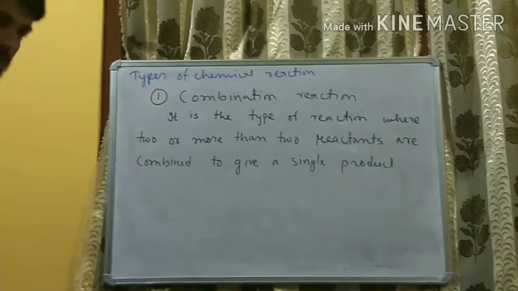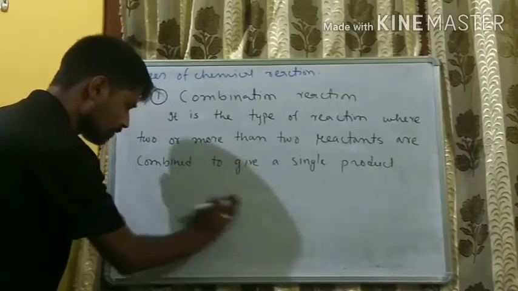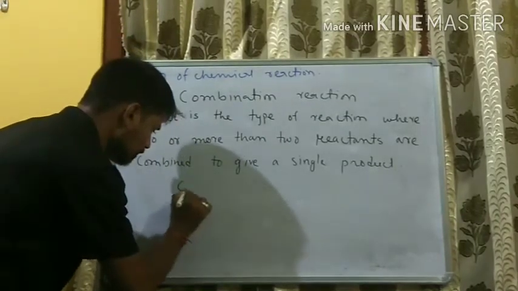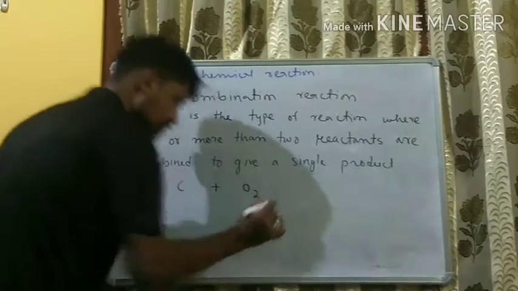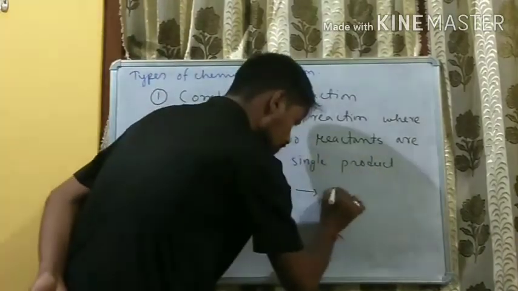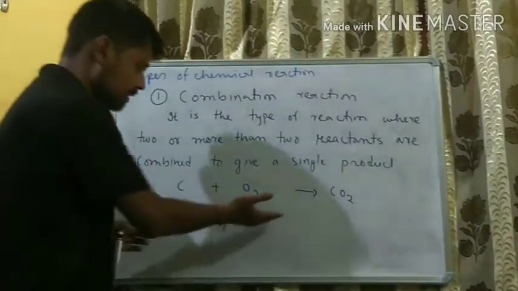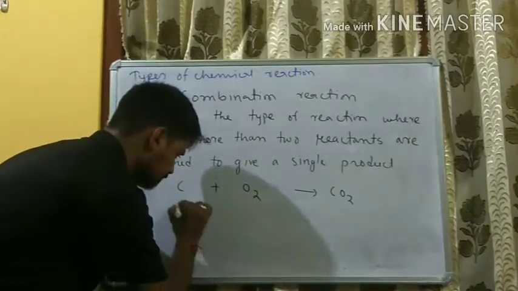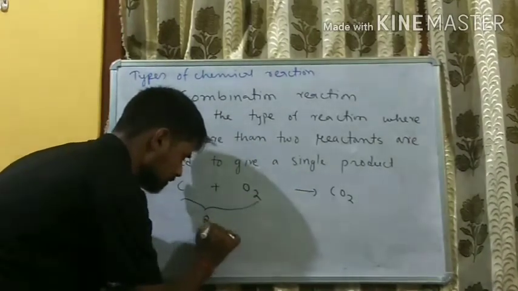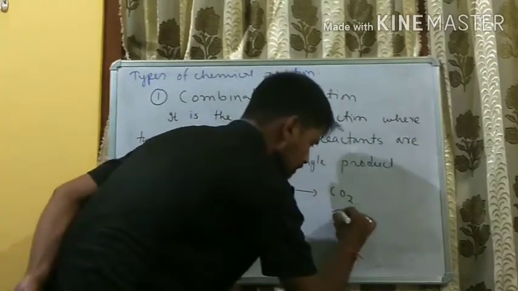So let us take an example. Carbon plus oxygen gives carbon dioxide. We have already discussed that the left hand side of the reaction is known as reactant, and this side is known as product.